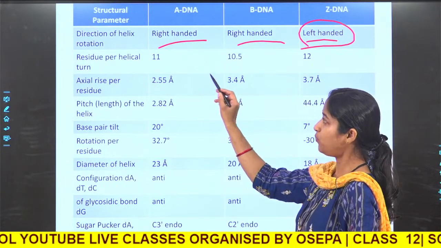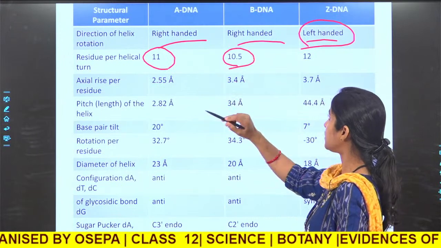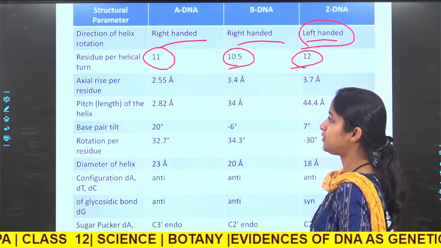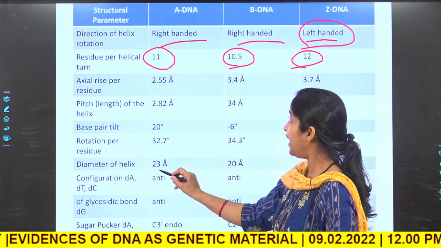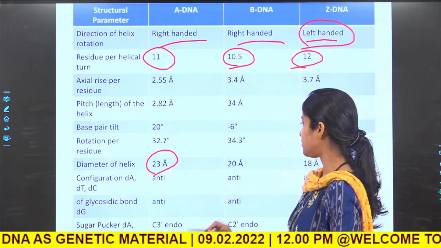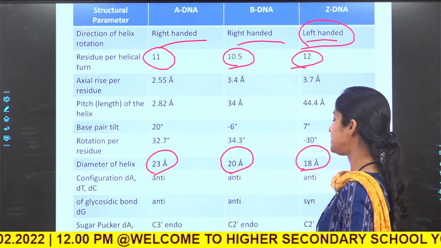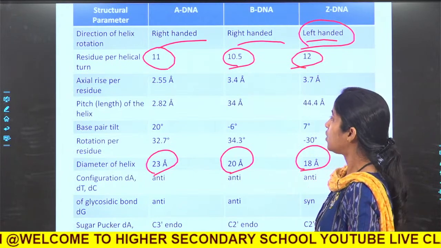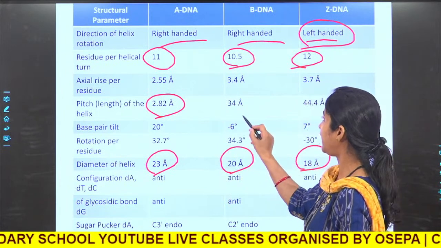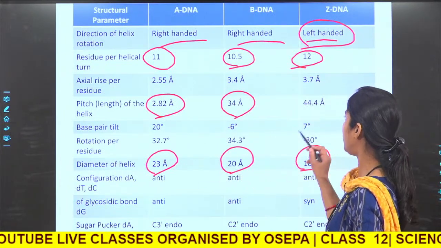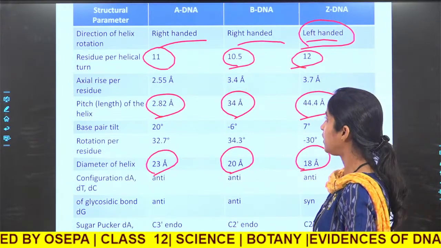The residues per helical turn are 11 in A-DNA, 10.5 in B-DNA and 12 in Z-DNA. The diameter of the helix is 23 angstrom in A-DNA, 20 angstrom in B-DNA and 18 angstrom in Z-DNA. The pitch length of the helix is 2.82 for A-DNA, 3.4 angstrom for B-DNA and 44.4 angstrom for Z-DNA.